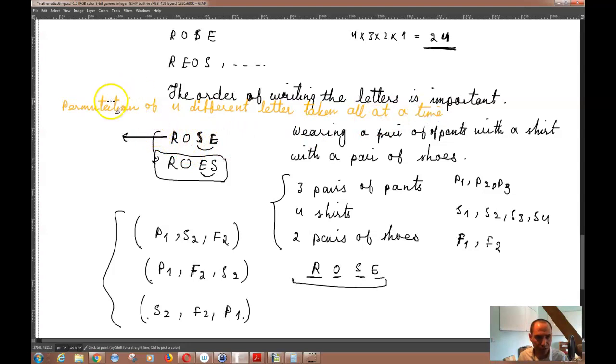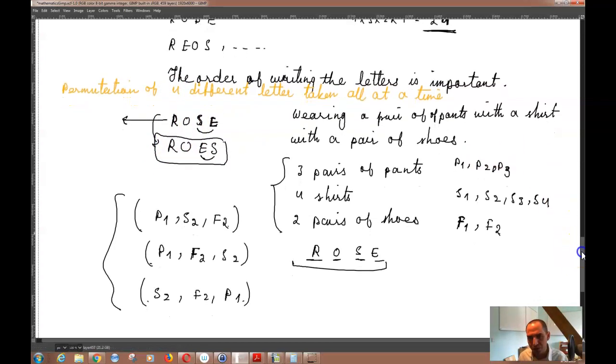This situation, where the order is important, is called the permutation of 4 different letters taken all at a time.